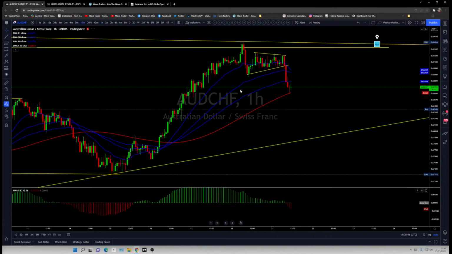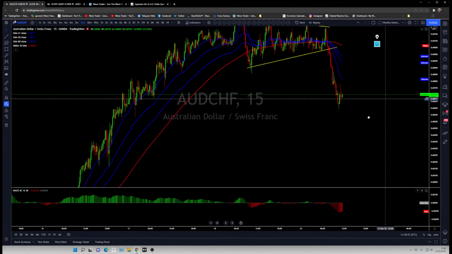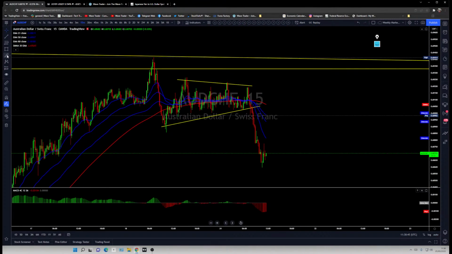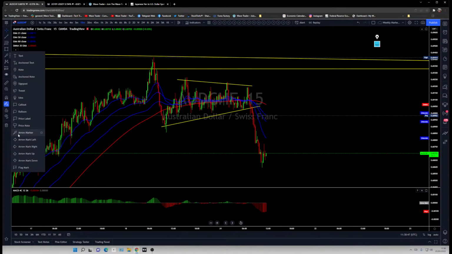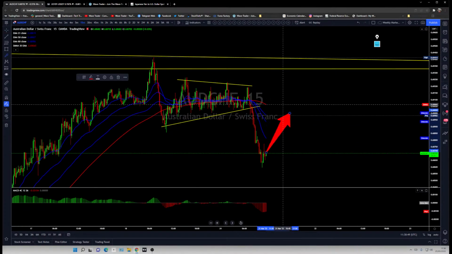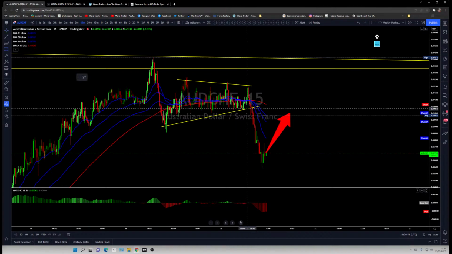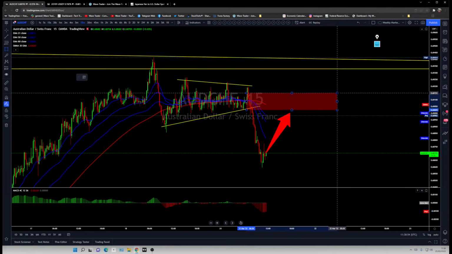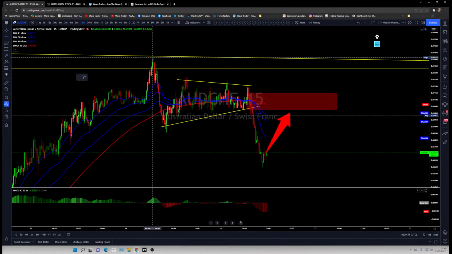So let's look at the 15-minute time frame. You are watching for another pullback, for price to pull back there and hold these areas, or stay below that top.